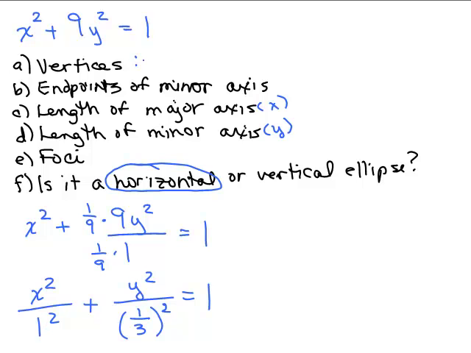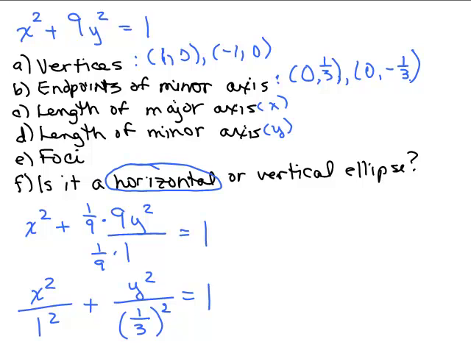So we've got 1, 0, and negative 1, 0. The endpoints on the minor axis, 0, 1/3, and 0, negative 1/3.